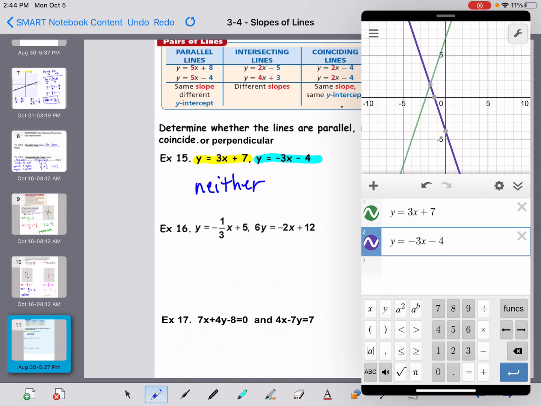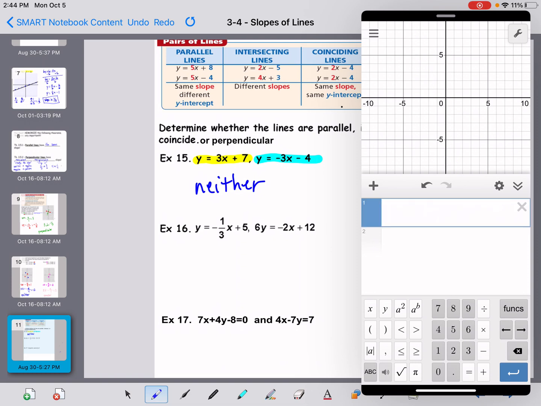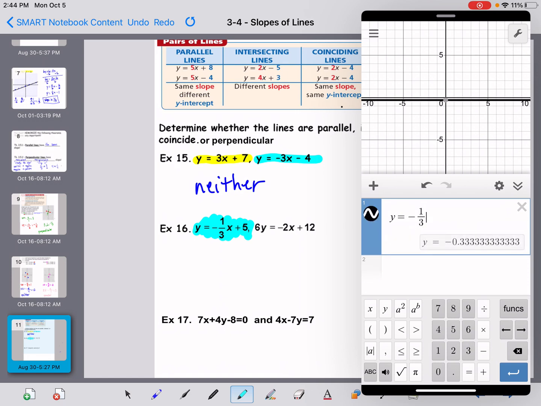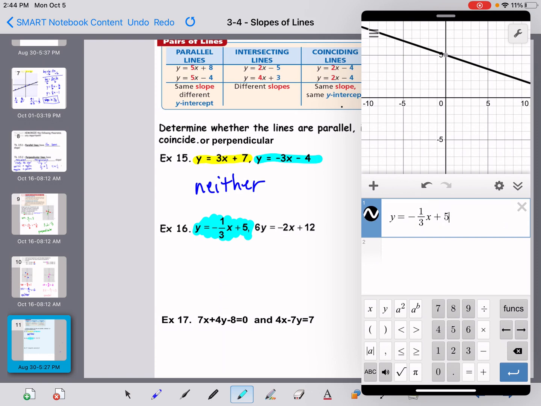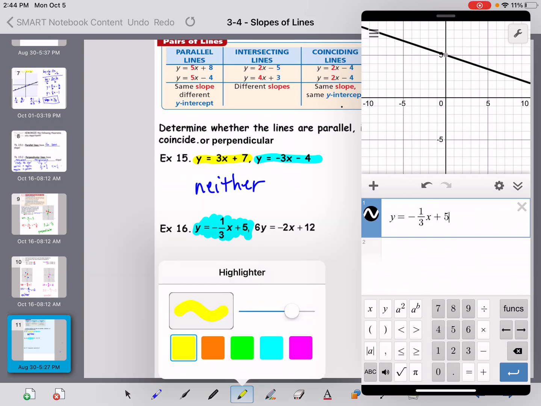All right. Do this again. Typing in that equation. Typing in the second equation.